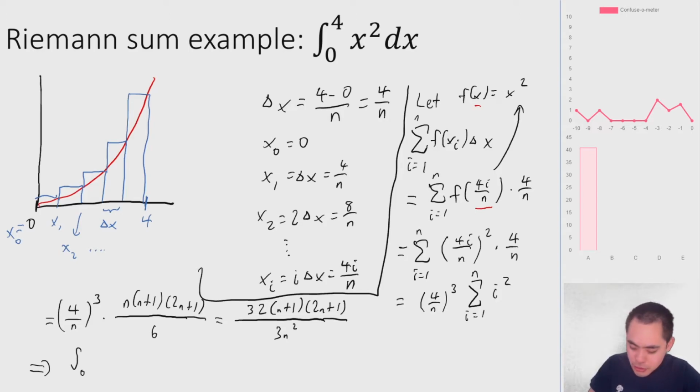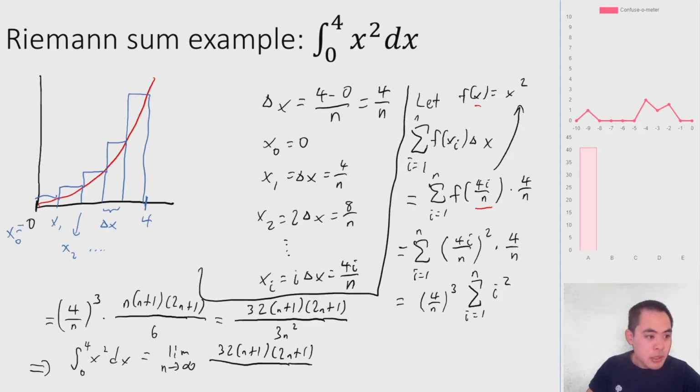So the integral from 0 to 4 of x squared dx is going to be equal to the limit as n goes to infinity of this big thing, 32 times (n+1) times (2n+1) over 3n squared, which is equal to, by using limit properties, 32 over 3 times the limit as n goes to infinity of (2n squared + 3n + 1) over n squared.